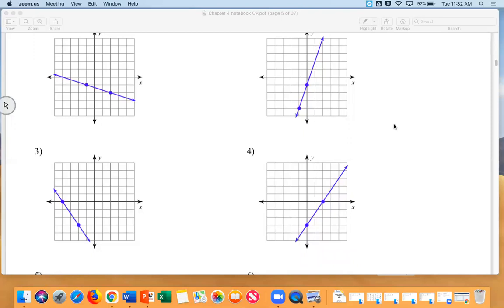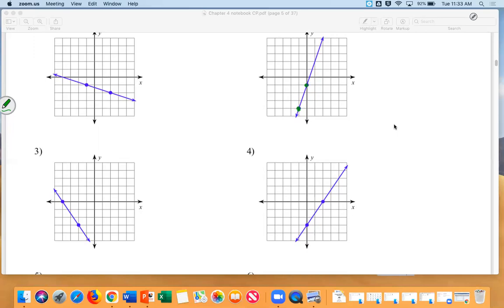All right. Number 2. Ellie, what did you get for number 2? I don't know. Okay. Well, Ellie, do you see how we're going to start here?